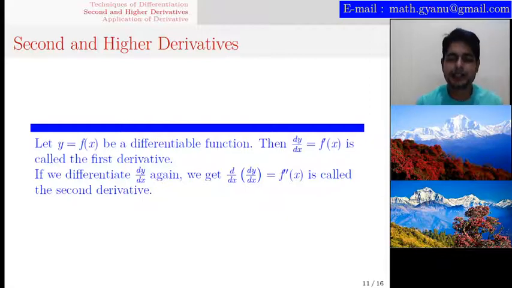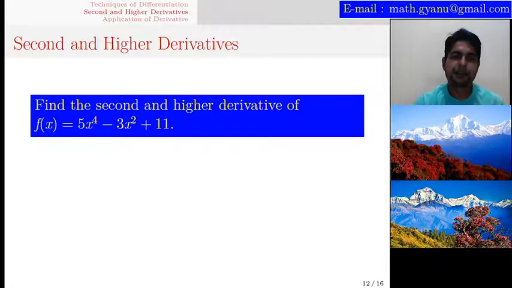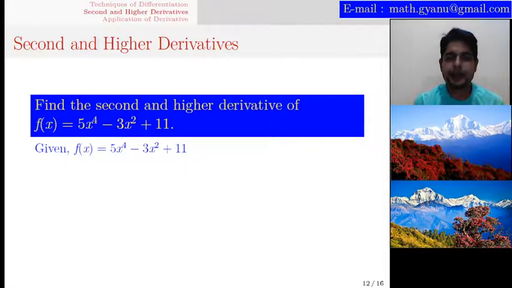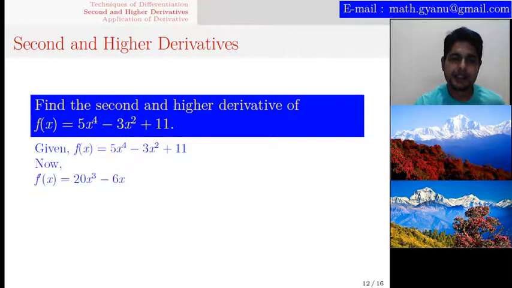Continuously differentiating. Now find the second and higher derivatives of f(x) equal to 5x power 4 minus 3x square plus 11. Differentiating, f prime x, that is the first derivative, will be 5 4s are 20 x power 3 minus 3 twos are 6 x, and the derivative of the constant term 11 will be 0.